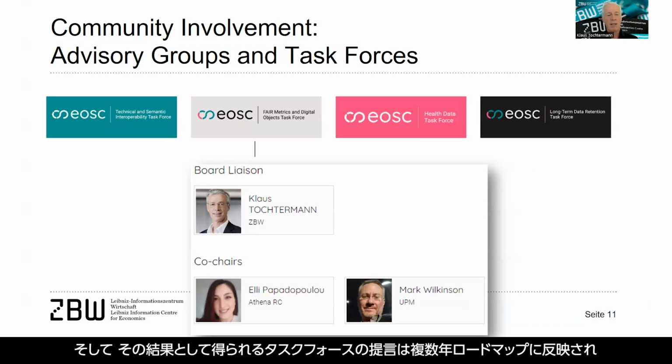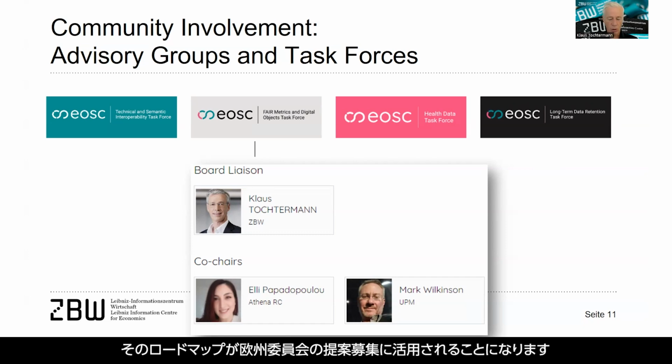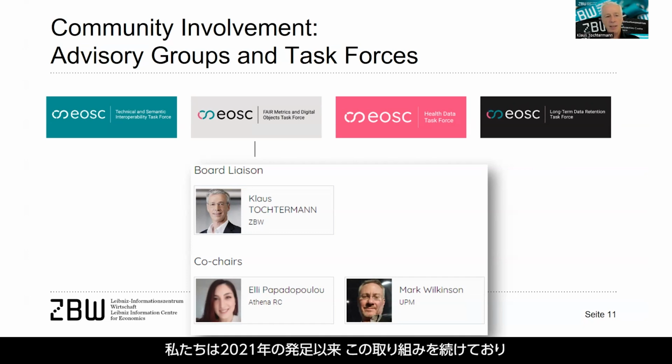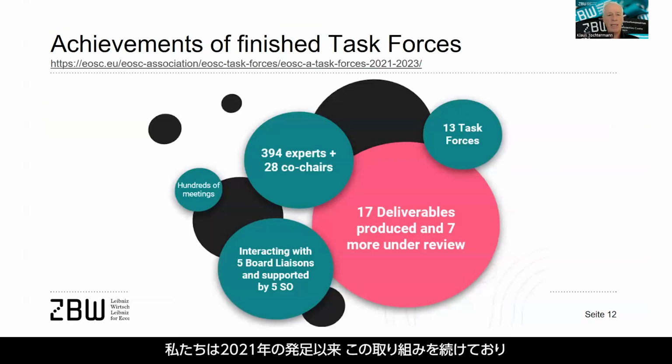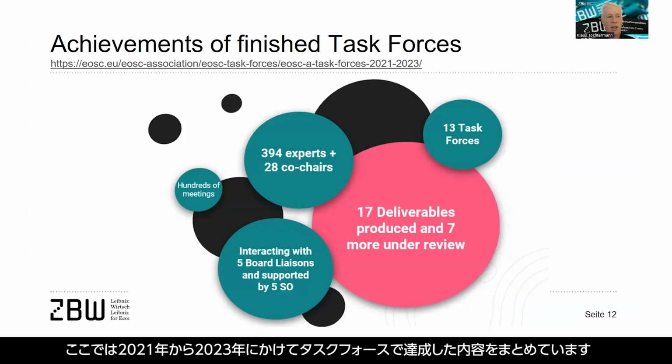And the outcome, the recommendations of the task forces, feed into the multi-annual roadmap, and the multi-annual roadmap again feeds into the call for proposals of the European Commission. We have done this since our inception in 2021, and here is a summary of what we achieved with the task forces between 2021 and 2023.